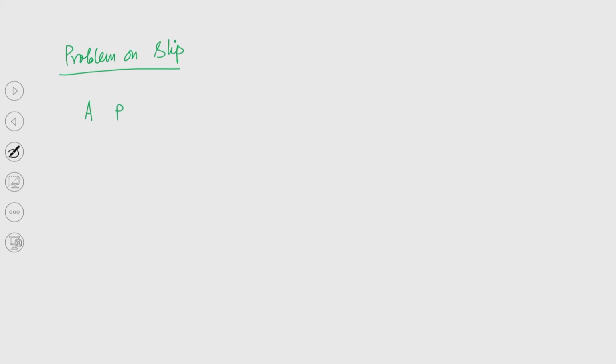a pump which is definitely radial flow is having eight blades.